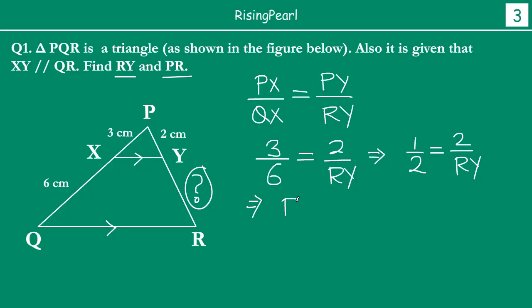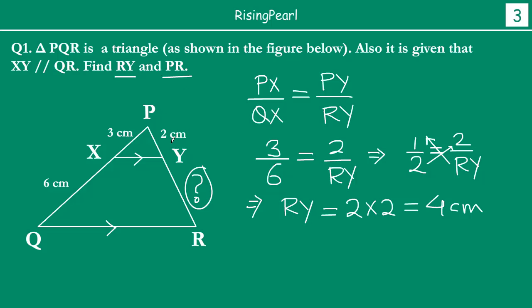So RY will be equal to 2 times 2, which will be equal to 4, and the units are all centimeters, so this will be 4 centimeter. So RY, this length, will be 4 centimeter. So we found RY. Next is PR.